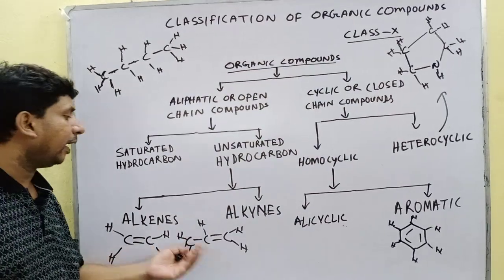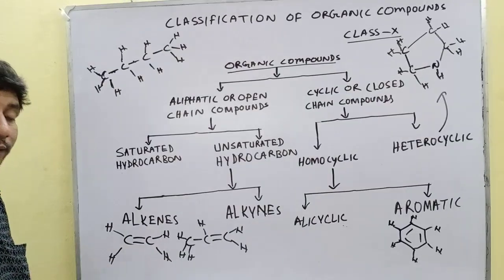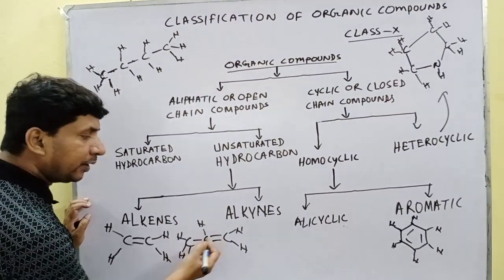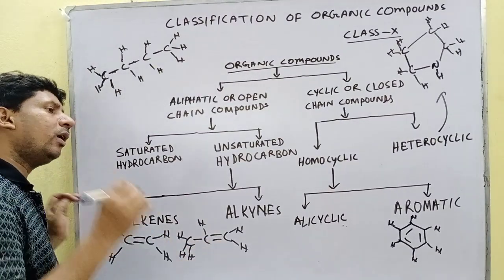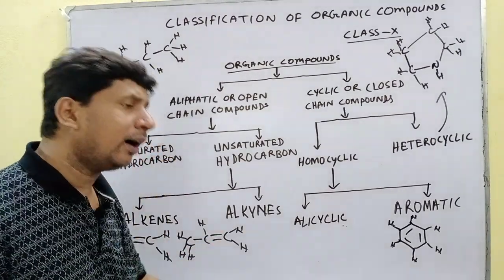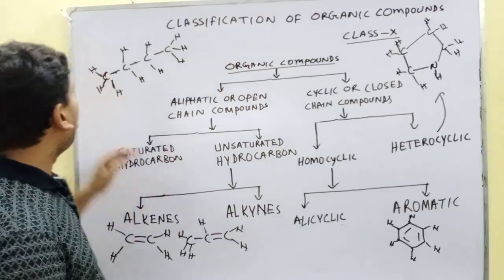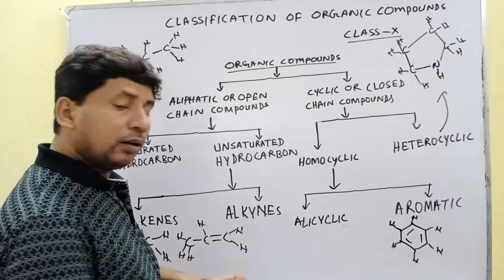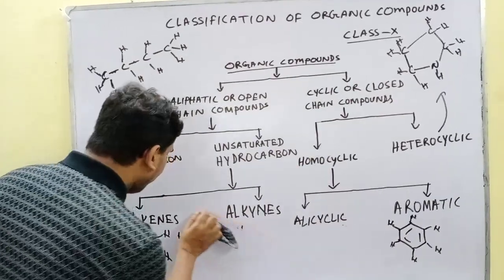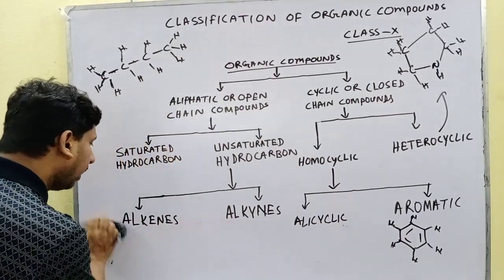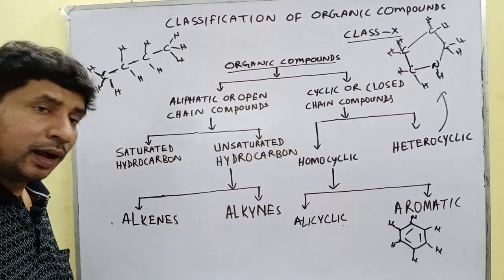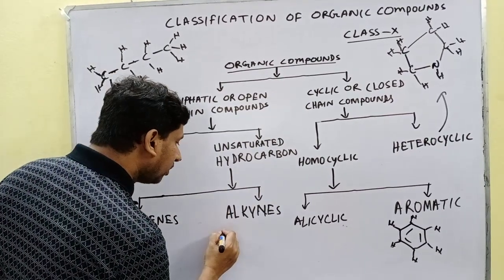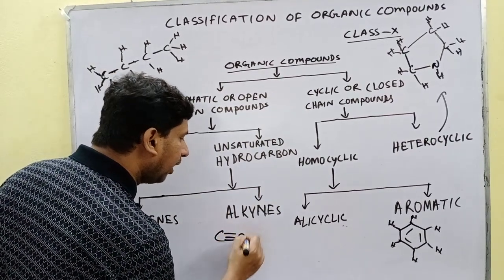So alkenes are unsaturated, because they contain a double bond. Double bond or triple bond containing compounds are all unsaturated compounds, and single bond containing carbon compounds are known as saturated compounds. So alkene means double bond containing hydrocarbon, and alkyne means triple bond containing hydrocarbon.